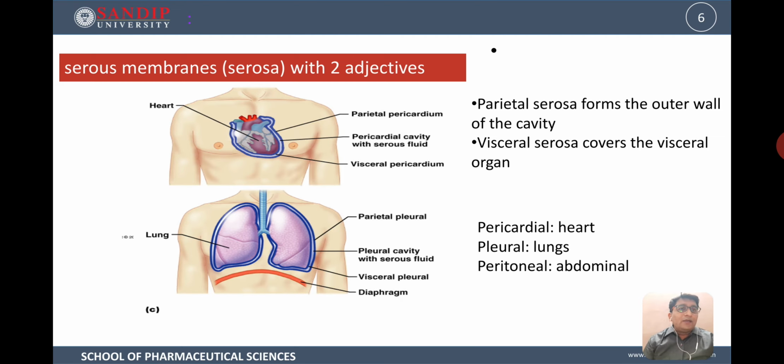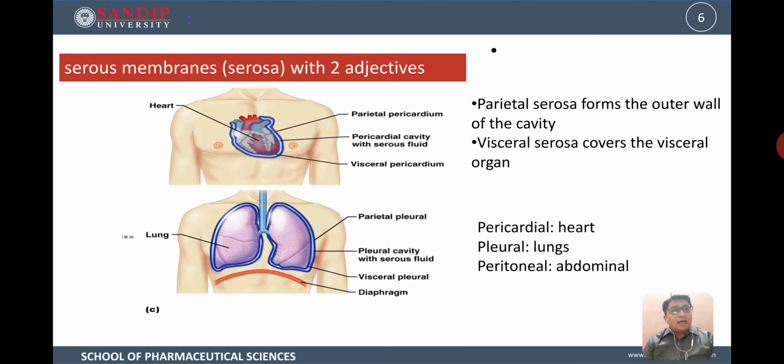Whenever you observe any type of cavity in the body, there is some fluid present, and as per the location of the organs, the fluids have different names. This pericardial cavity contains serous fluid. Then the inner part is known as the visceral pericardium. Outer parietal, inner visceral.